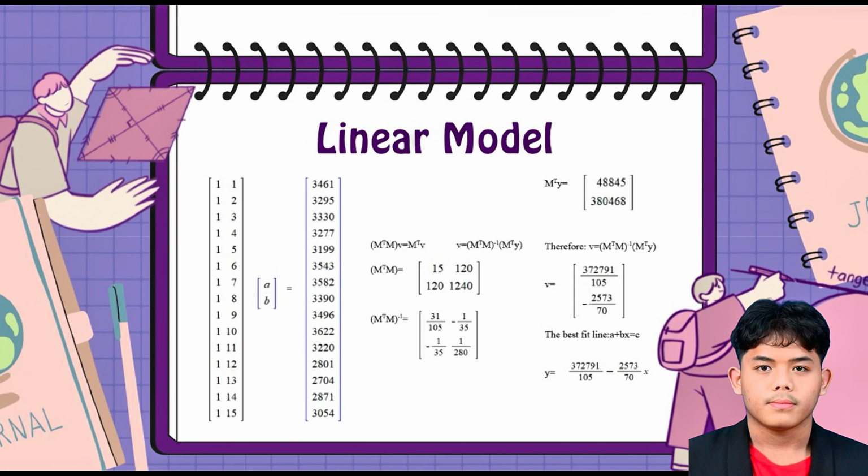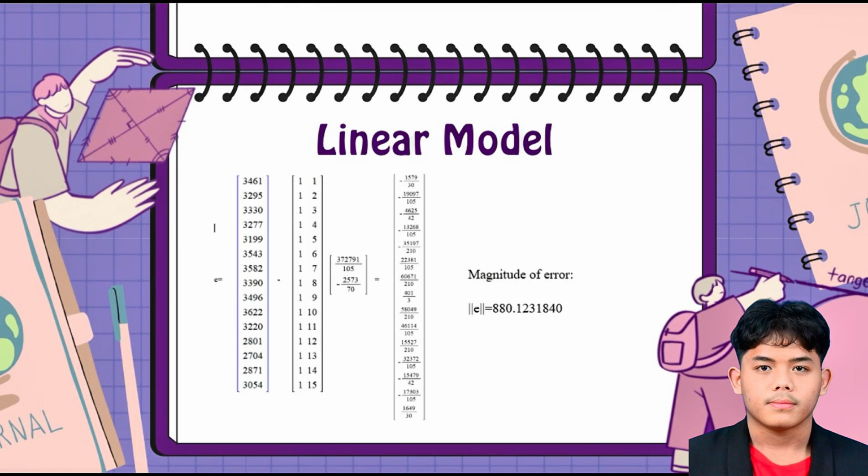Therefore, the best fit linear equation for the data is here. We are using A plus BX equal to C. Next, the matrix and calculations are used to find the best linear equation that fits the data values.